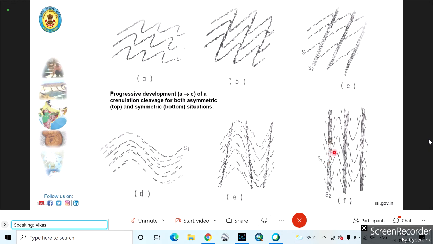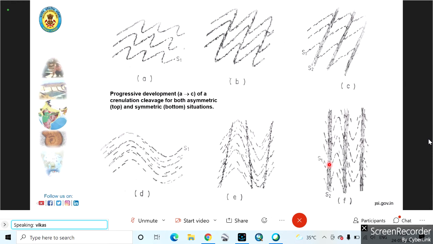There will be a problem in the field, that you won't be able to differentiate between S1 and S2, or say S0 and S1. There, S1 and S2 will become parallel. That is, the earlier and later foliations will become parallel. That is called transposed. A transposition will happen, and you won't be able to differentiate between them.